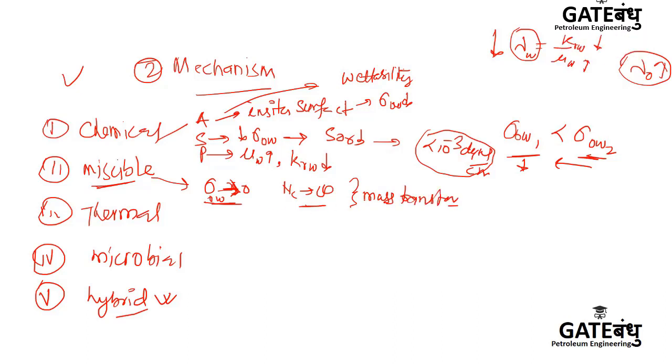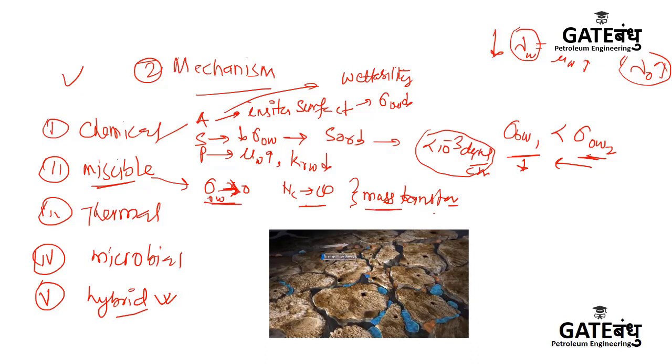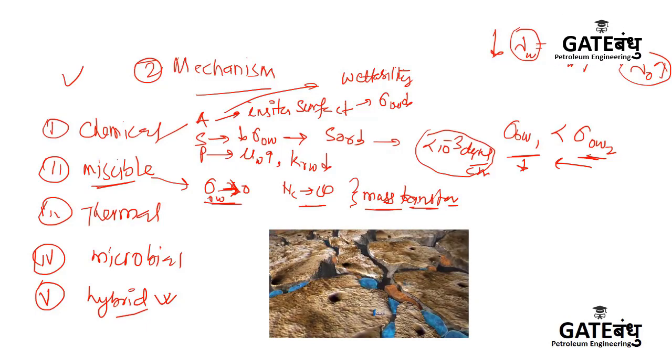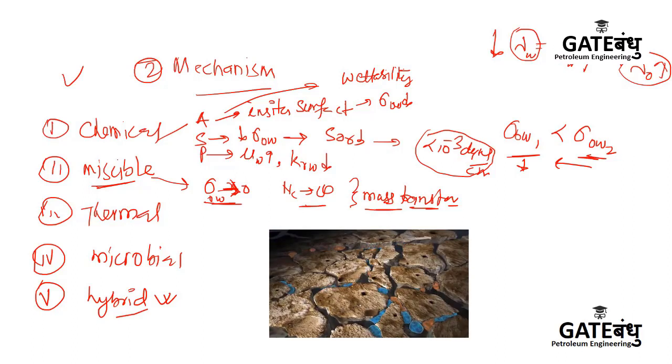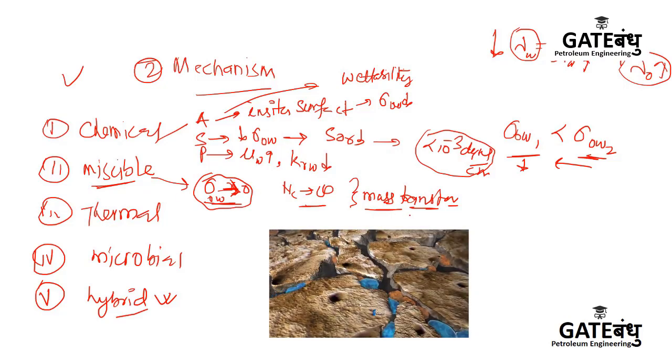A lighter component, like CH4 lean gas, is injected, which combines with the oil, and combine means there is a mass transfer of the component from CH4 to oil. When a lighter component dissolves into the heavier component, the overall effect is reducing the viscosity and density, and reaching a state where the surface tension is almost zero.